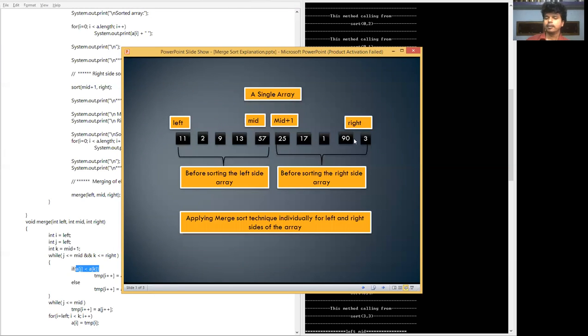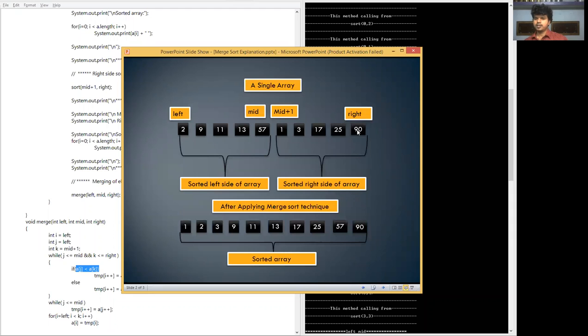Before applying MergeSort, these elements were in unordered form, that means they did not exist in ascending order. See, these are ascending order.